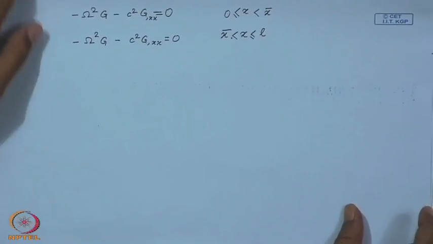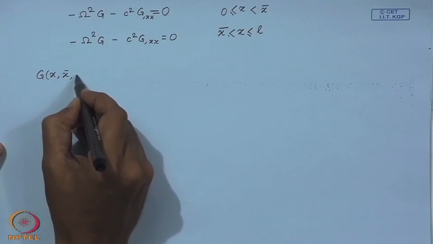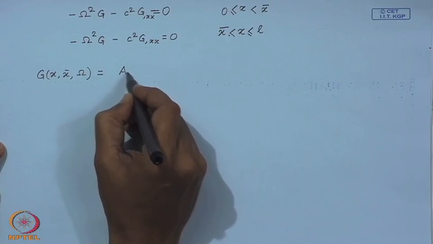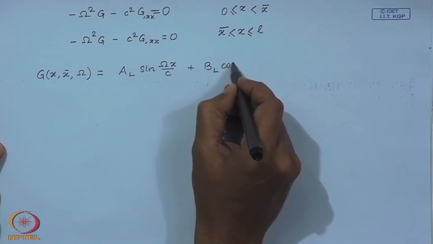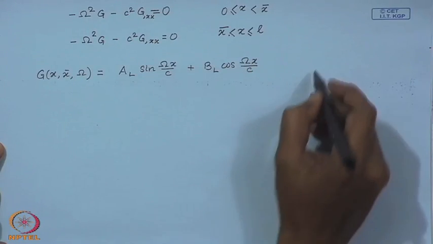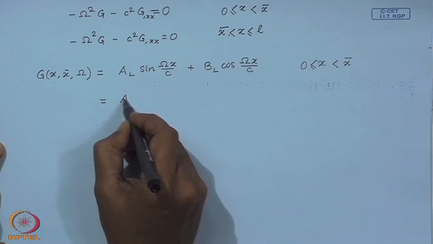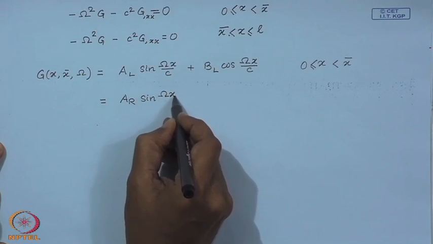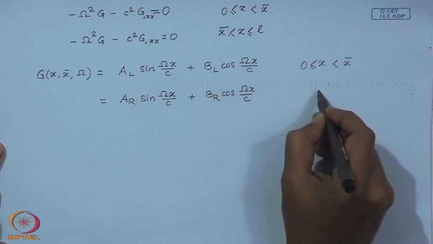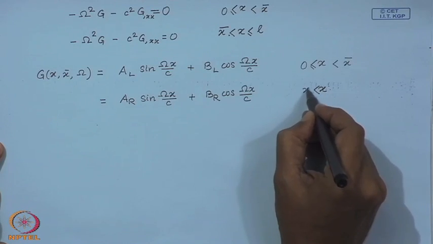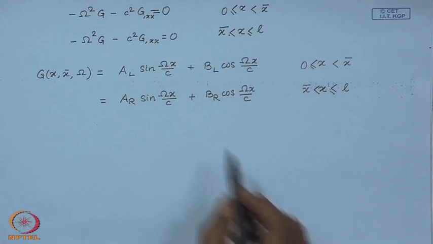So, these solutions can be written as follows, so over the two regions we have these two solutions.